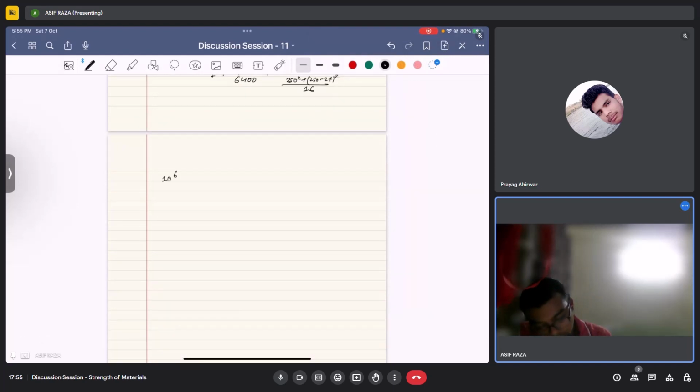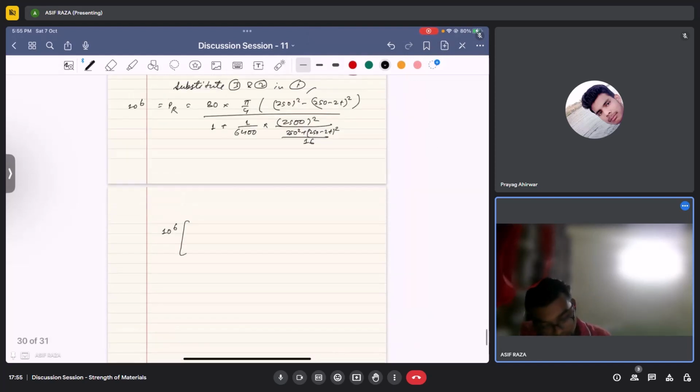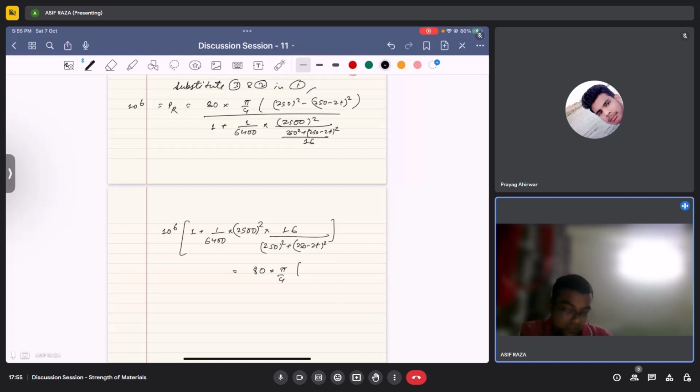Let's do the simplification. 10 power 6 times 1 plus 15400 into 2500 square into 16, equal to 80 times 5 by 4. This can be simplified with a plus b, that is 500 minus 2t, and a minus b, that is 2t.